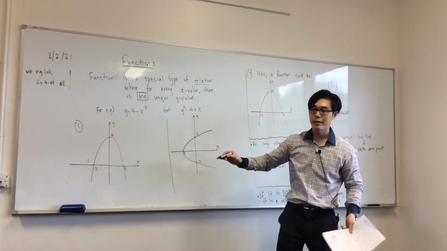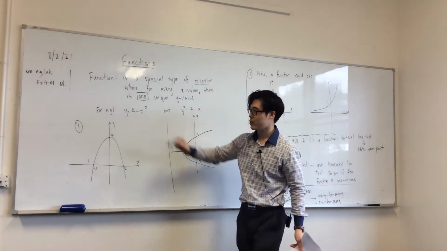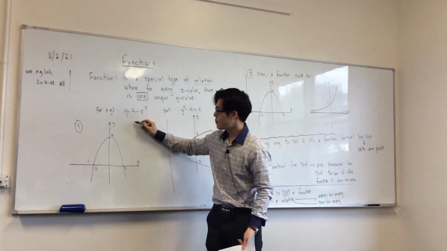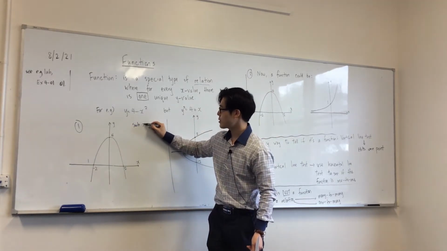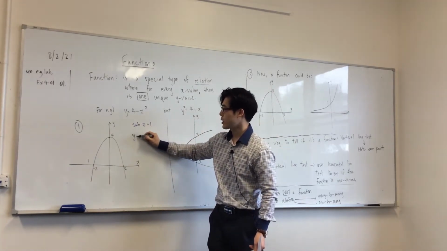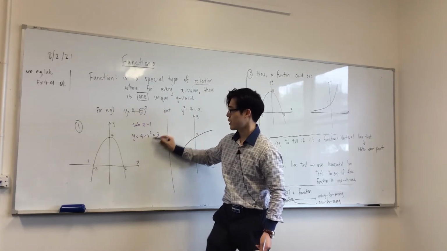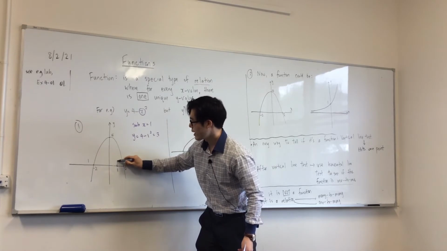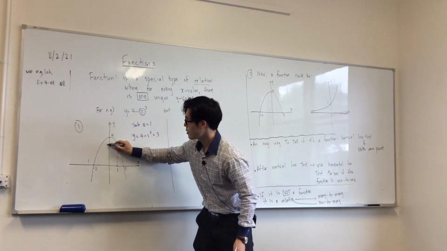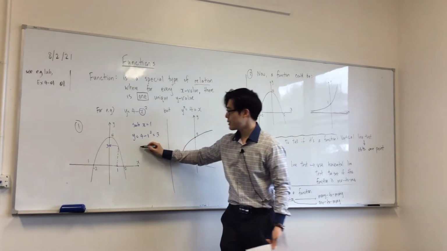And let me explain that graphically. So we have a parabola here, y equals 4 minus x squared. Let's say if I substitute x equals 1, what y value do I get? If I replace this with 1, that's just 4 minus 1 squared. So that's 3. So at 1, the y value is 3. Let's substitute another value.